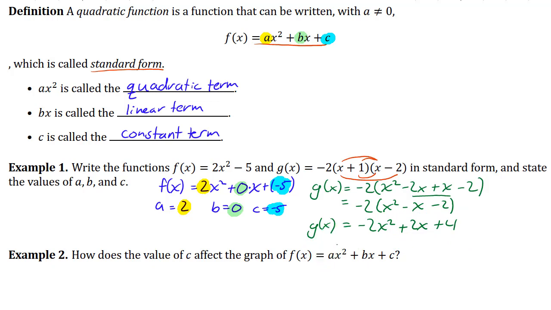All right, so that is now written in the standard form, and you can see what the a is. The a here is negative 2, b is 2, and c is 4.